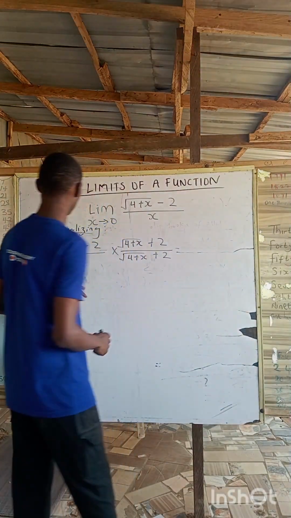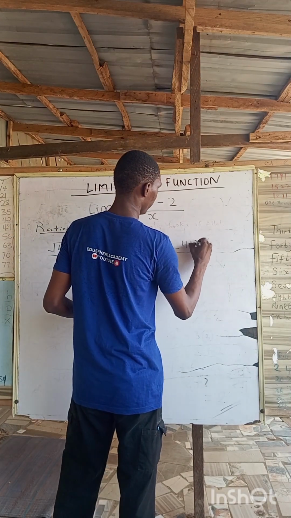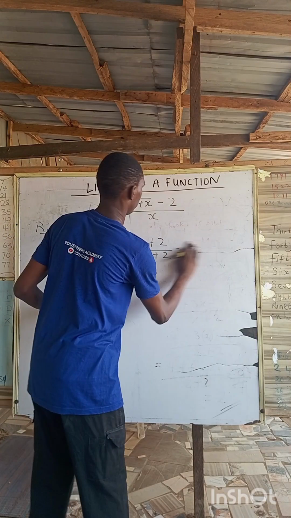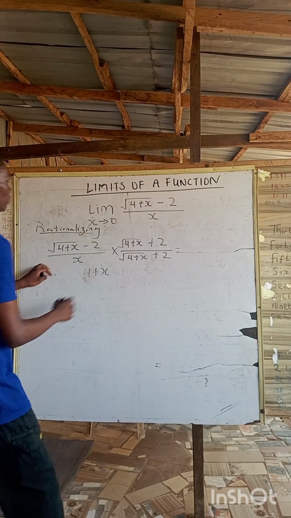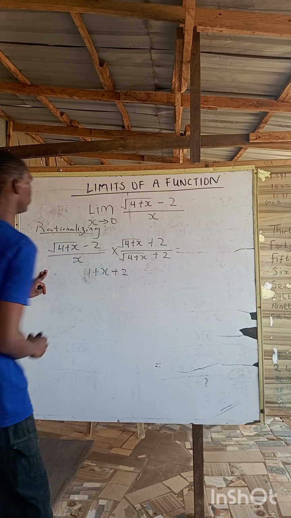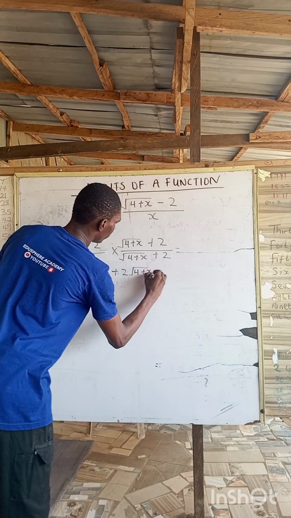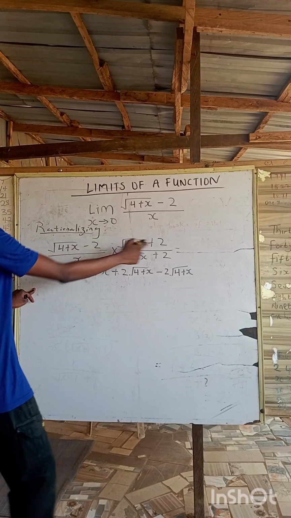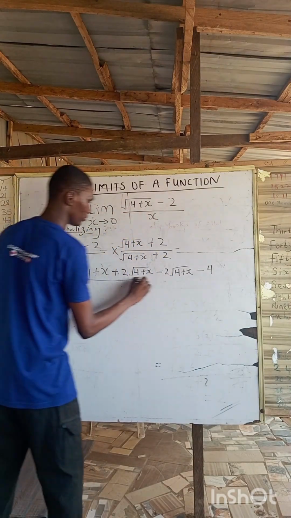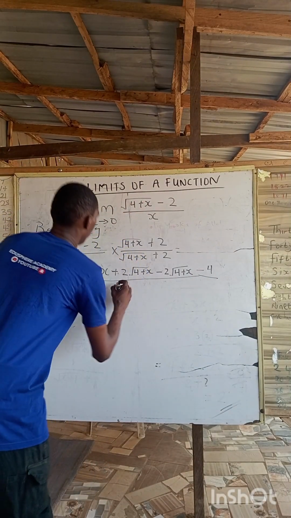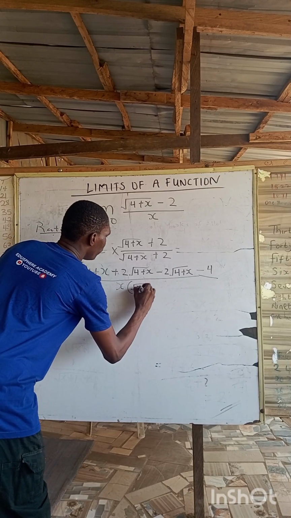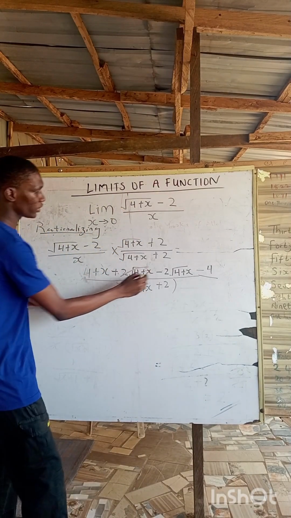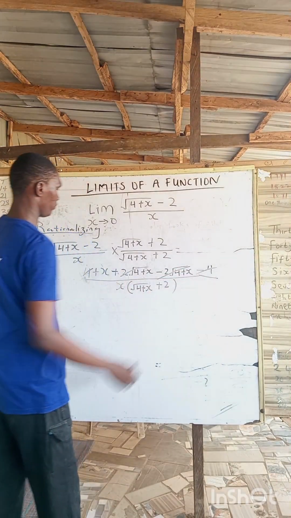So the numerator gives us 4 plus x, the root cancels the root, then minus 2 root 4 plus x plus 2 root 4 plus x, then minus 2 times plus 2 gives minus 4, over x open bracket root 4 plus x plus 2. So the 4 cancels the minus 4.